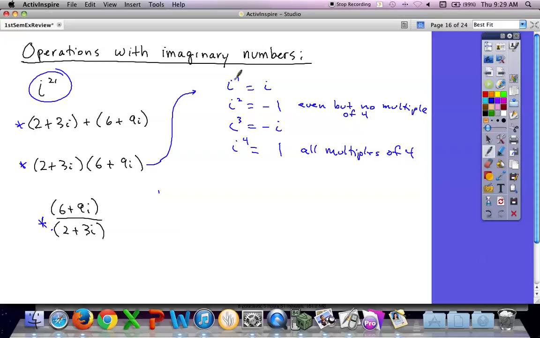Generally, they don't expect you doing it in the calculator, that you just know the pattern, right? i to the 25th, i. It's one more than 24. Has to be, right? One more than a multiple of 4. And i to the third is 1 less than the multiple of 4, and that's negative i. And so i to the 27th.